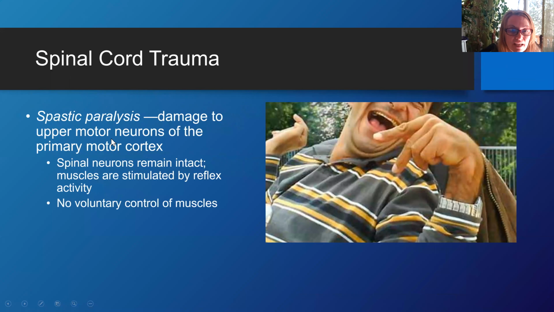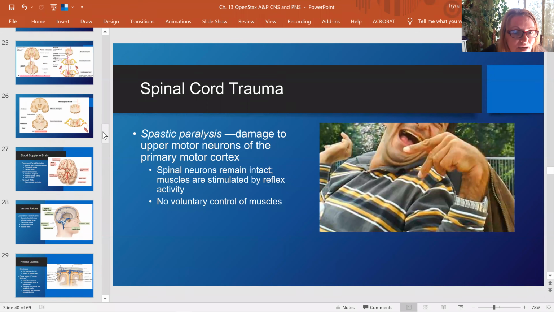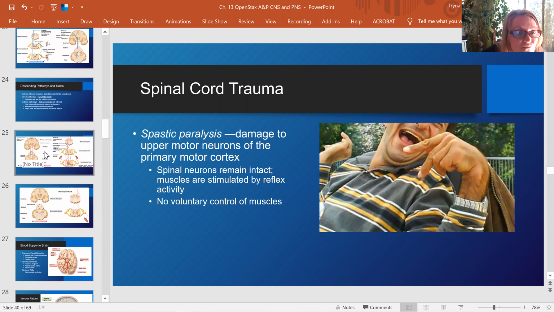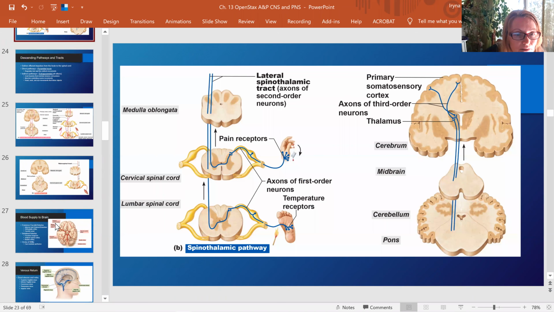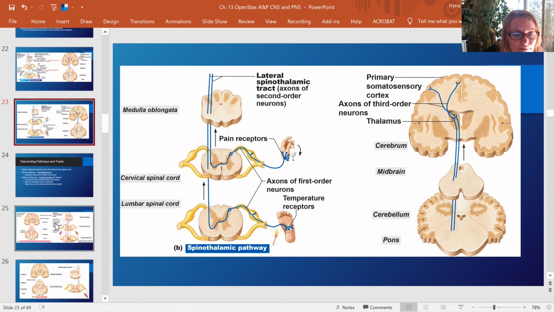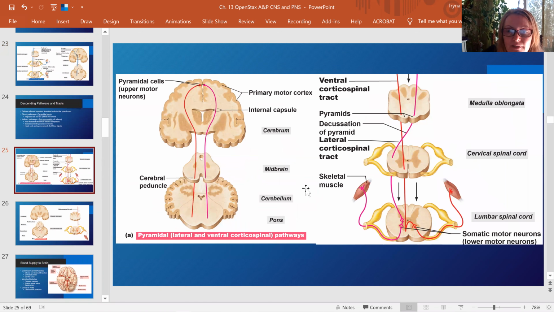Now, if you have damage in the upper motor neuron, let me show you where it is. Not this one, because that's descending right there. So if you have damage somewhere over here, or over here, that's your upper motor neuron, because that's your lower motor neuron.